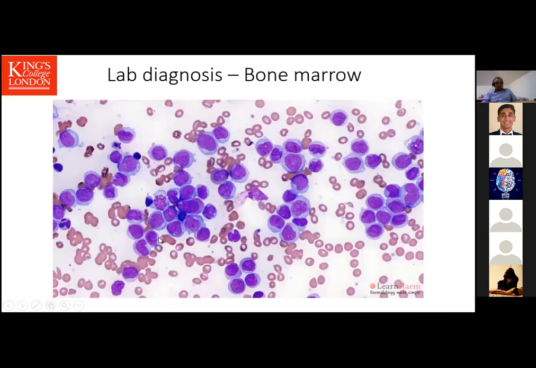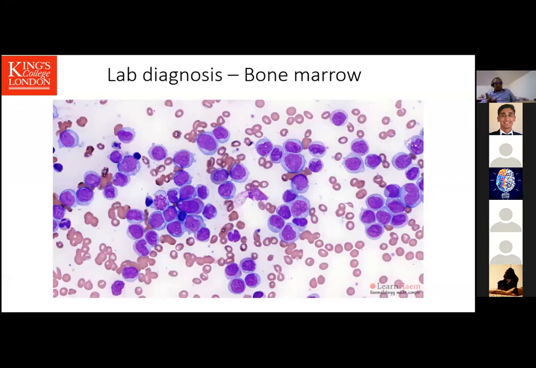But then we have these cells which have very abundant cytoplasm and no granules, which are generally seen in a myeloid cell. The cytoplasm, although it looks bluish, we call pale cytoplasm. It is not that blue, which could indicate something else. And the one thing is that it is replacing the whole bone marrow.